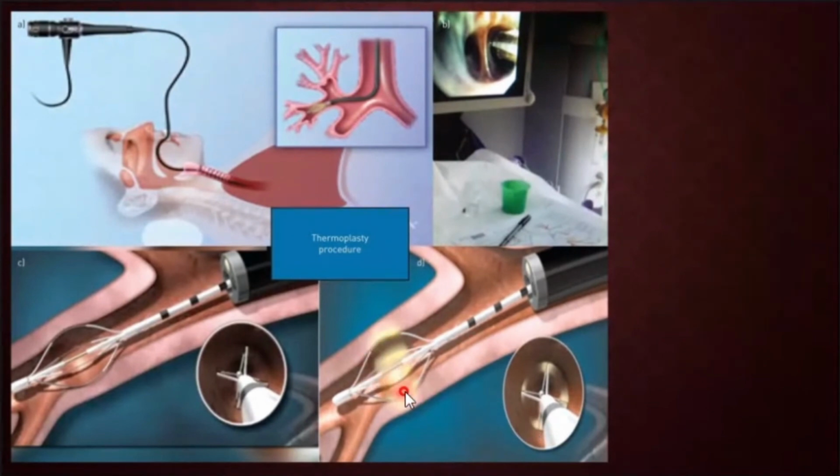So what it does here is it burns the mucosa up to the level of the smooth muscle, and once this burns, it generates areas of fibrosis. Once these areas of fibrosis occur, there will be less muscle mass here. So basically it makes that place hard, and once it becomes hard, there's less chance for that to constrict. If there's less chance of bronchoconstriction, that is better for patients with asthma.